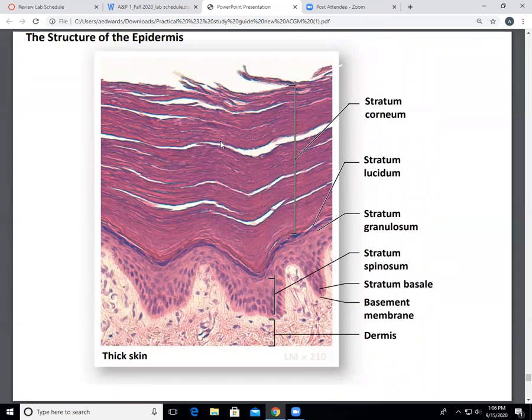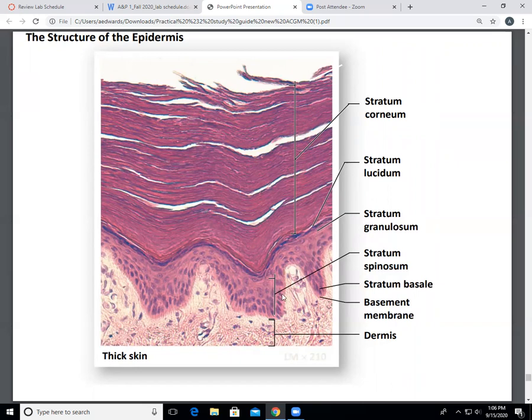Layers or structure of the epidermis. Okay, so your more superficial layer, your stratum corneum. It's a thin layer that's kind of colorless or white, stratum lucidum. This layer just deep to that is the stratum granulosum. It's just the kind of thin layer here.